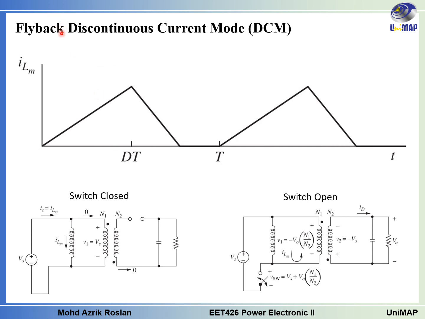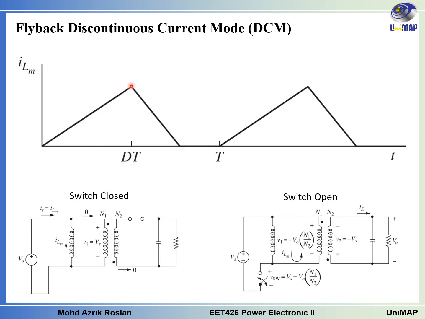This is the magnetizing current for flyback under DCM mode. So we can see that during the switch on time, the current will increase from 0 until some value.